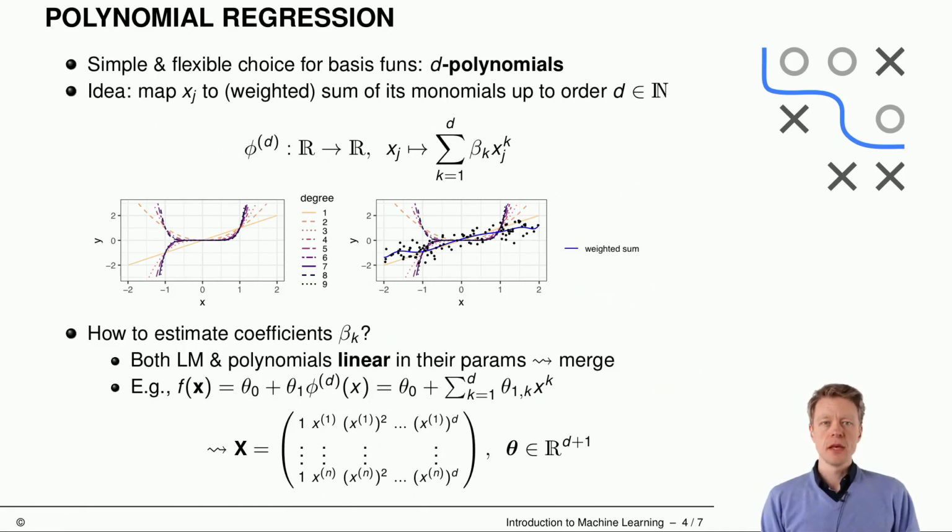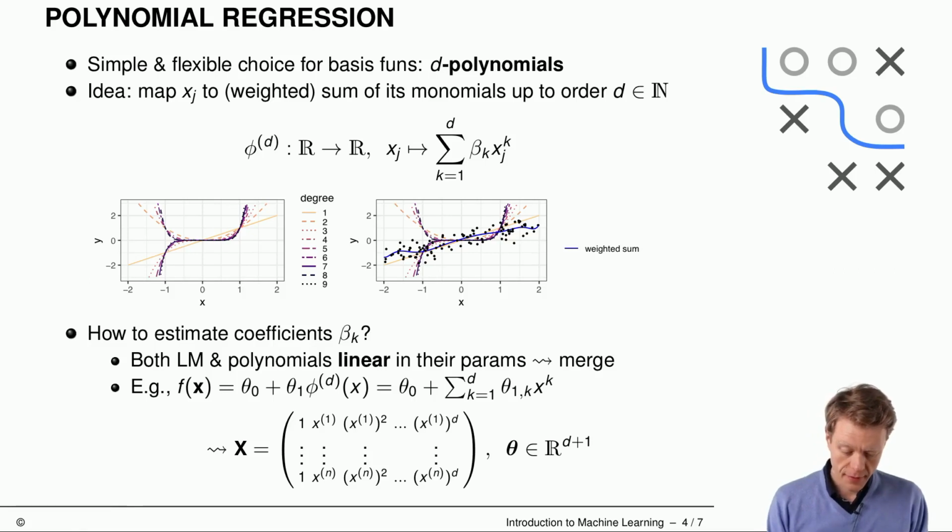Okay. So now you know about the general version of the linear model. Now we can go a step back, let's say, and have a more special version, which is still more general than the linear model you might have known beforehand. So we will speak about polynomial regression.